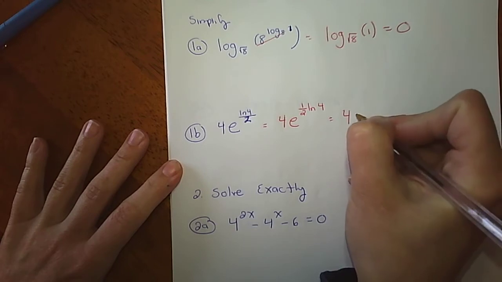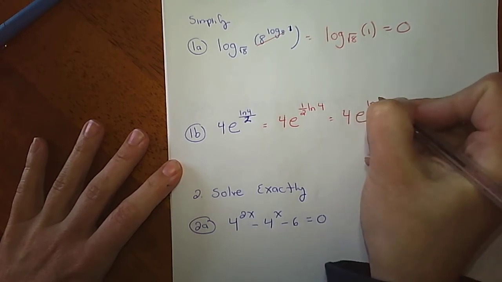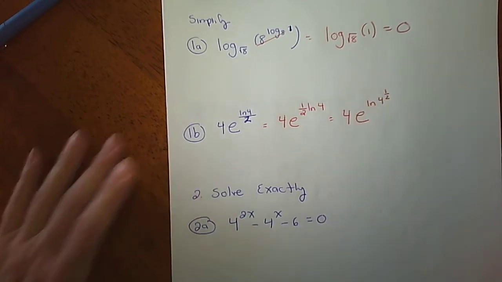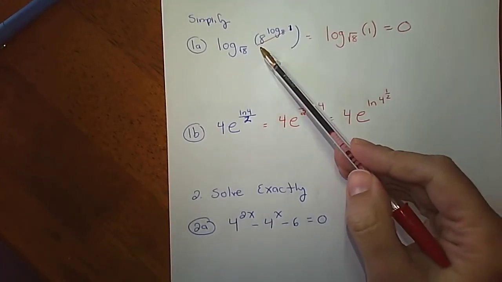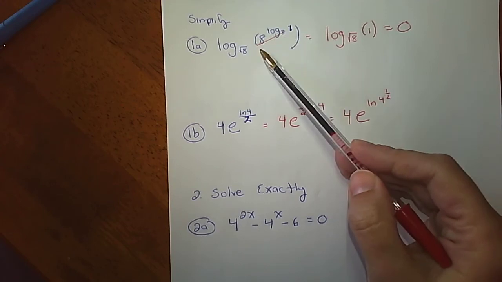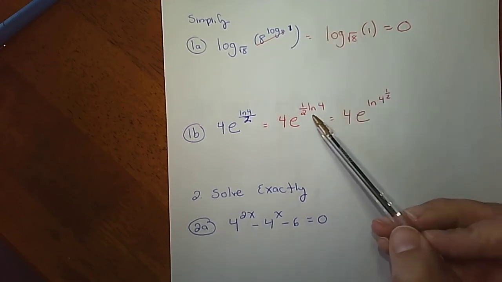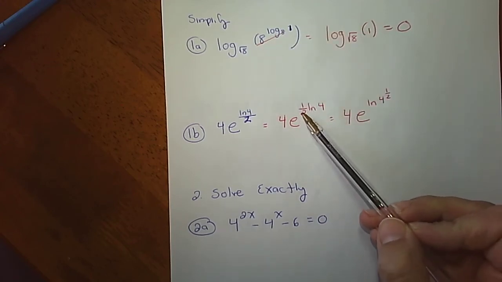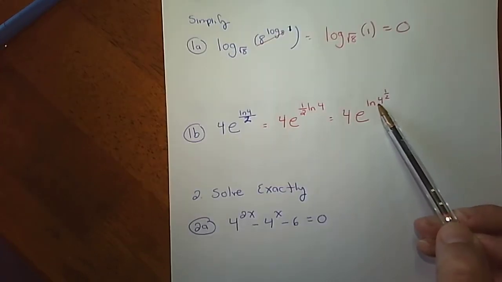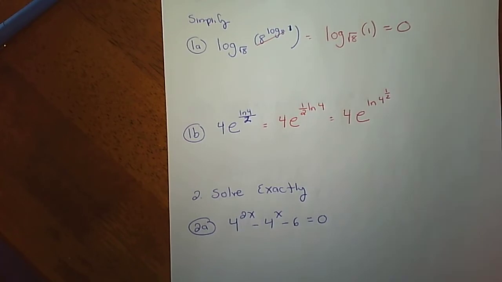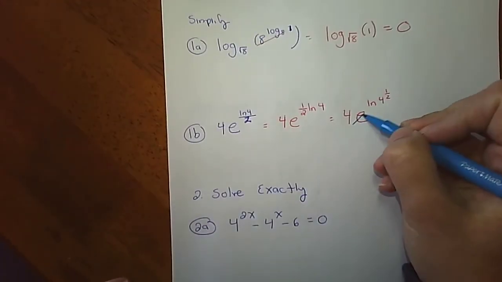So it becomes 4e natural log of 4 to the 1/2 power. Now, back up here, see 8, log 8, they canceled. Same thing's going to happen here. Now, I couldn't cancel here because he's in the way. But once I raise that up, this exposes this guy hanging off. So I'm going to use a different marker here. These cancel.